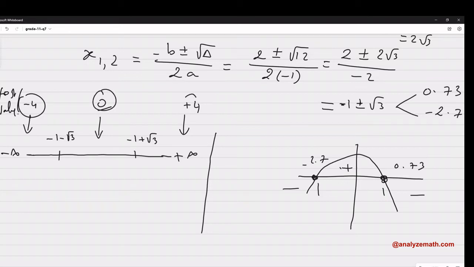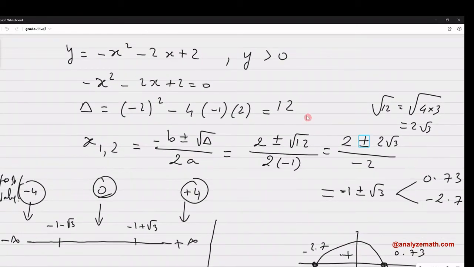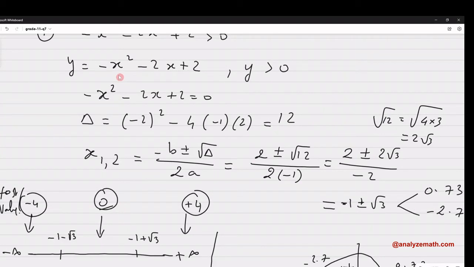Or if you don't want to use the graph altogether, this is how you proceed. So you go and you calculate y when x equal to -4. So when x equal to -4, you go and you calculate your y here.